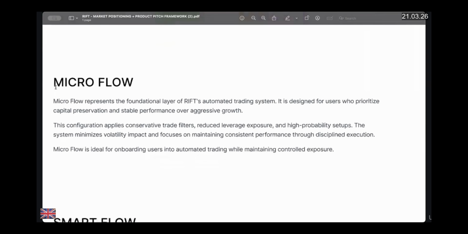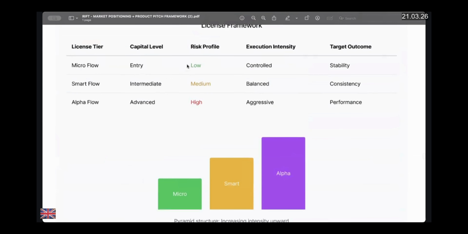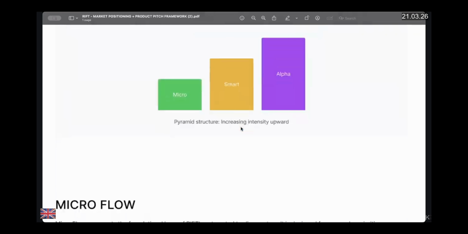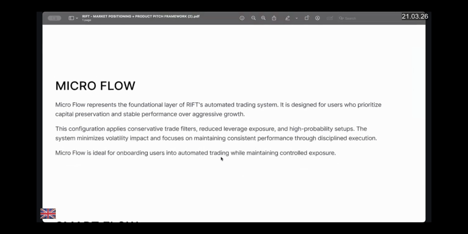First is the Micro Flow, which we explained, the low risk engine or low risk strategy where the controlled execution is there with the target outcome of stability. It represents the foundational layer of Rift's automated trading system. It's designed for users who prioritize capital preservation and stable performance over aggressive growth.